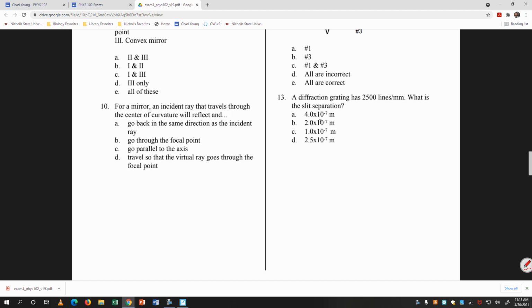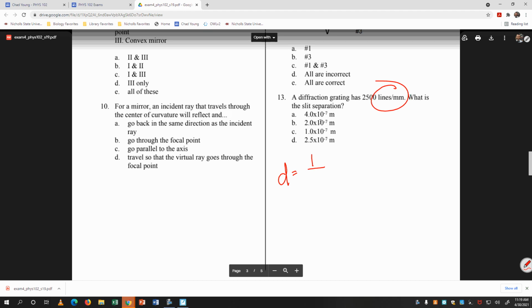So if I give you a diffraction grating with 2,500 lines per millimeter, if I want to know what the slit separation is, I like to think of it as dimensional analysis. I have lines per millimeter, but I want to know millimeters per line. So I just take the inverse of it. I say d is 1 over 2,500. That's in millimeters.